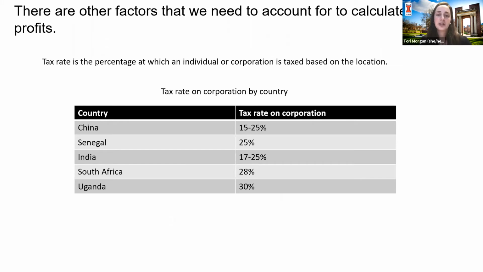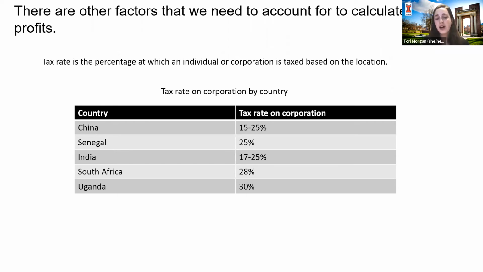And then another factor to account for net profits is the tax rate. That's the percentage at which an individual or corporation is taxed based on the location. Usually in our analyses, we look at different countries and see how the tax rate and other contextual factors vary in those countries. For example, we're looking at the tax rate on corporations from China, Senegal, India, South Africa, and Uganda.